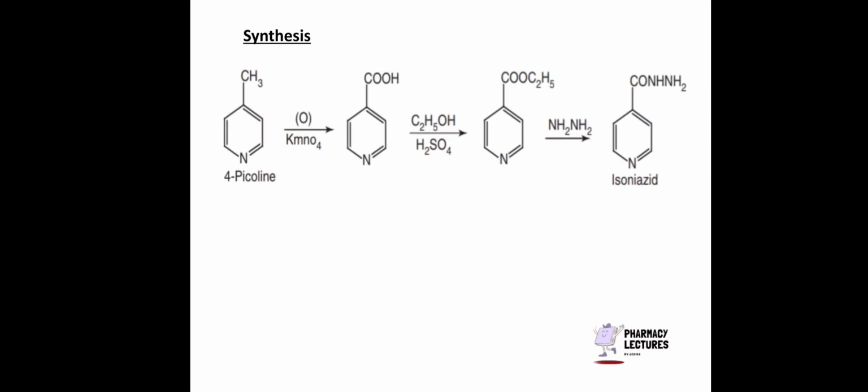Next is the synthesis of isoniazid, and the starting material for the synthesis of isoniazid is 4-picoline. Here we can see a heterocyclic ring, that is pyridine, and in the fourth position of pyridine there is a methyl group. It's the structure of 4-picoline.